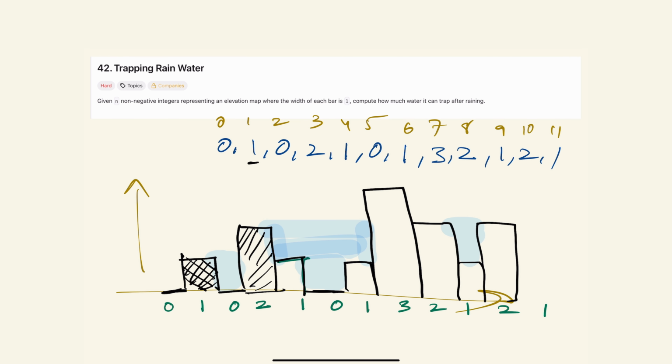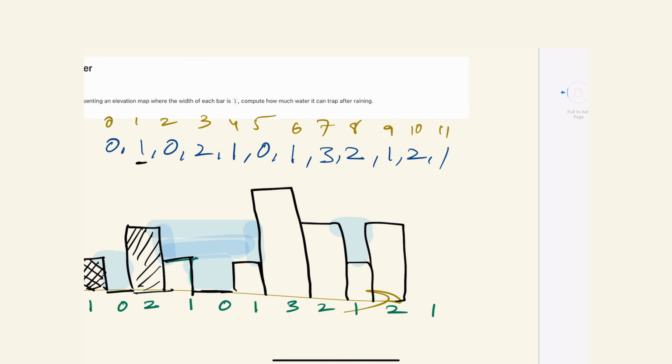Because it is based on one formula. First we'll see what that formula is. The formula is, let's consider the max water. I will say water at index. Water at index I will be, actually, the minimum of two values.